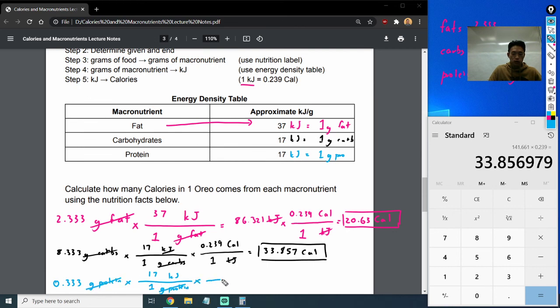We're going to set up one more fraction, put kilojoules on the bottom, put calories on top, and there's going to be 1 kilojoule per 0.239 calories. And then kilojoules cancels out, and then we can calculate the calories from protein. So 0.333 times 17 times 0.239, and that's going to give you 1.353 calories. And so that means that when you eat an Oreo, the protein in there gives you 1.353 calories.